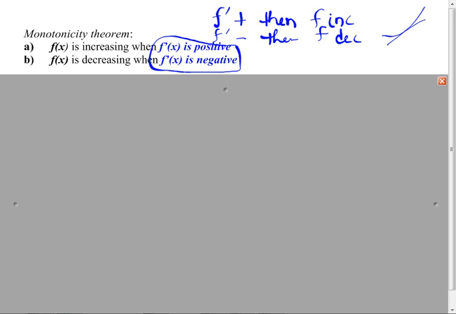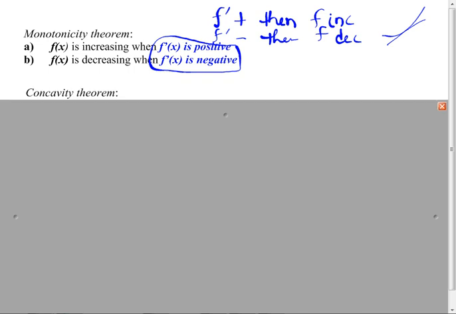Mean value there. What about concavity? What do you know about concavity? Here's concave up, like a cup. What's true about the second derivative? Look at that. You're concave up. You are happy.